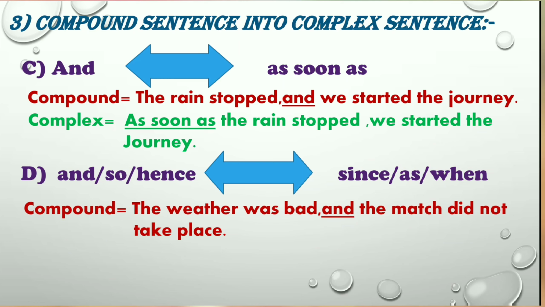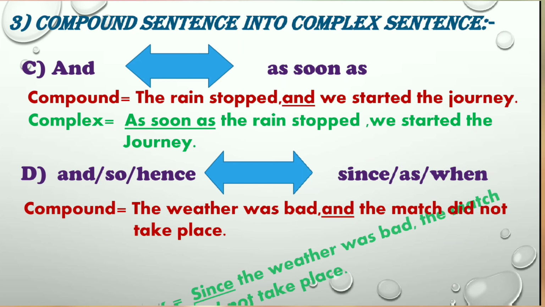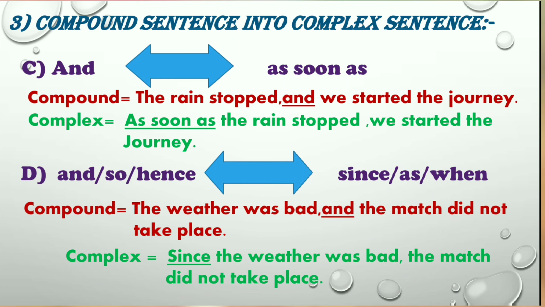Now and is used, so our complex sentence will be like this: Since the weather was bad, the match did not take place. Now we remove and and use since. The meaning is not changed, but easily we can make a compound sentence into a complex sentence.